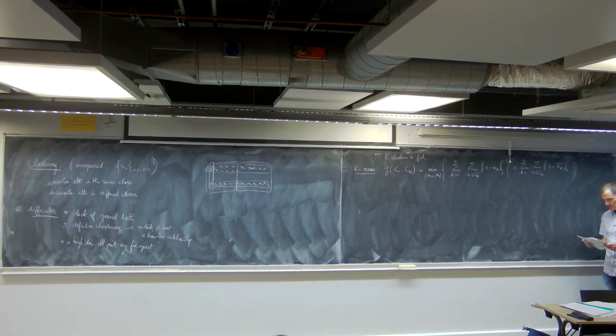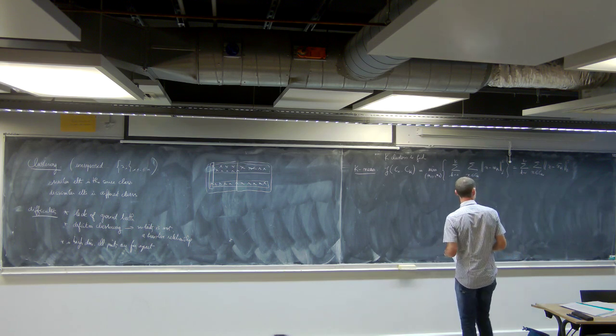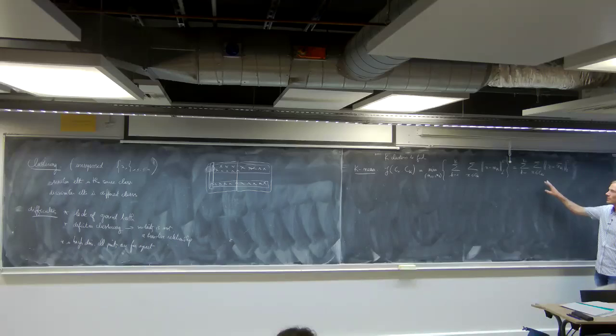Check, check, check. A priori it's a combinatorial problem, which is extremely difficult. Finding the optimal partition is a nightmare. Even if you think about two classes, the number of partitions of a set of n points in two classes is really huge.